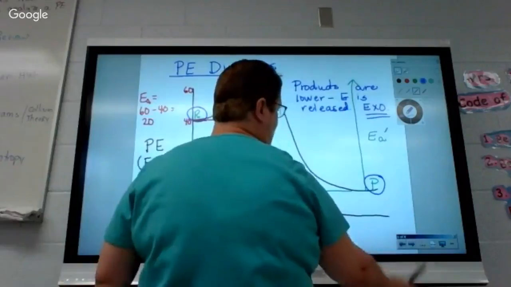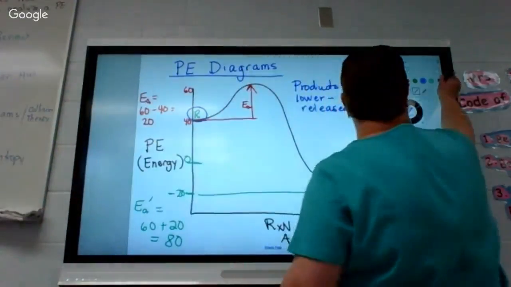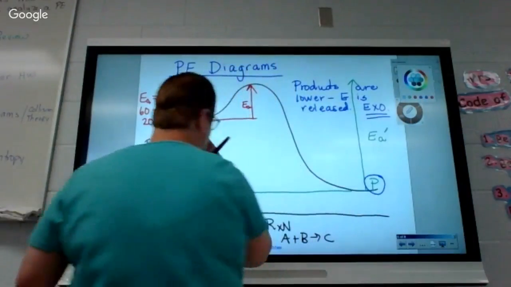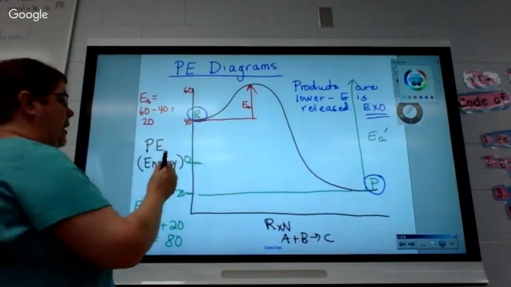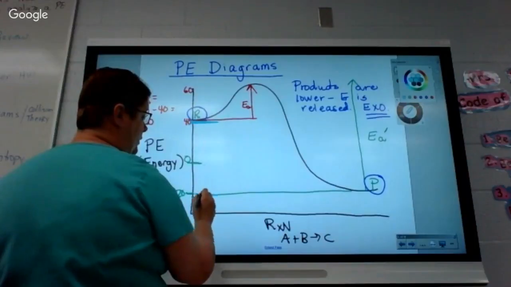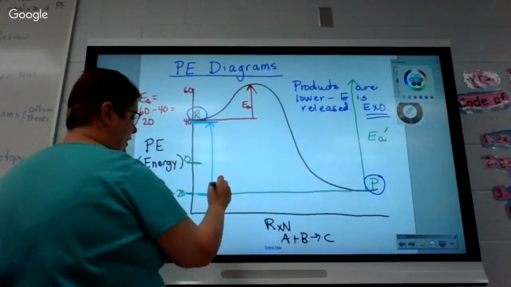Okay? So, Salma said delta H was found by going from where to where? Reactants to the products. So I'm going from here to here.